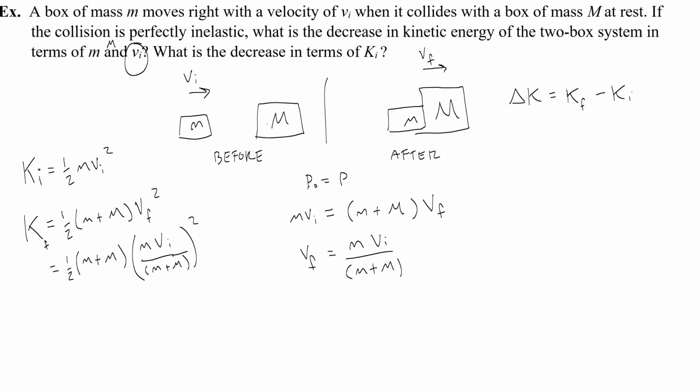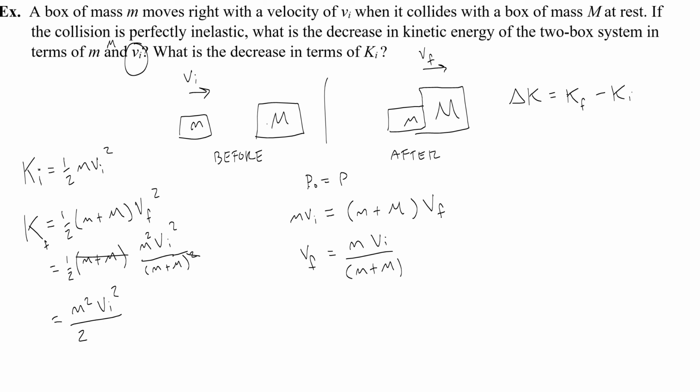Now I have to do a bunch of simplifying. When I square what's inside of my parentheses, I'm going to get m squared, Vi squared, and then the term on the bottom, m plus capital M, would also get squared. Of course, this m plus capital M would cancel one of the m plus capital M squareds on the bottom, and so we would be left with 1/2 times m squared Vi squared.